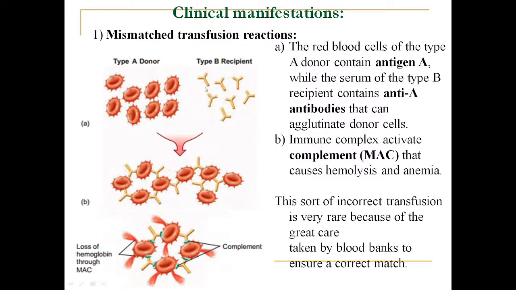If we transfuse blood from type A donor to type B recipient, it can cause agglutination of donor cells in the recipient.